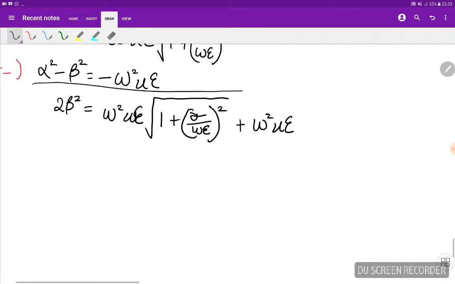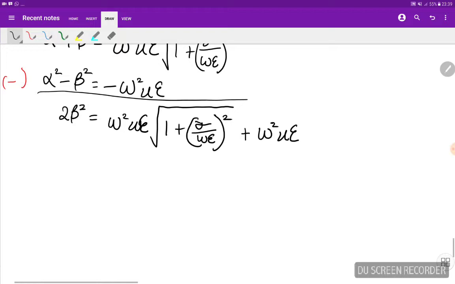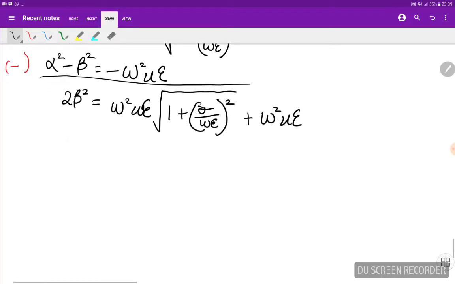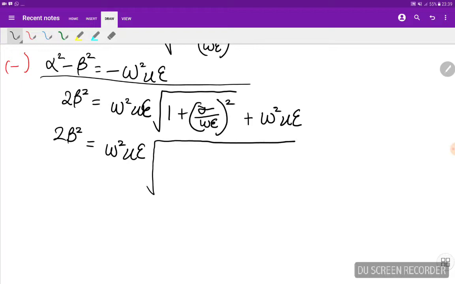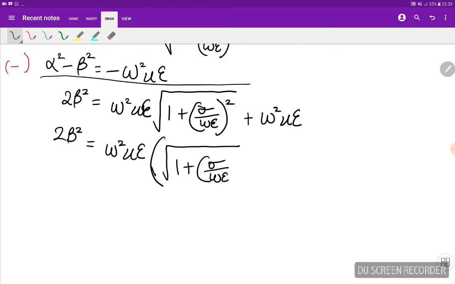So if we factorize ω² με, we'll get 2β² is equal to ω² με, then all into bracket square root of 1 plus conductivity over ωε squared, then outside of the square root plus 1.